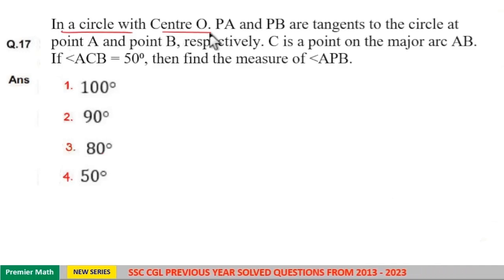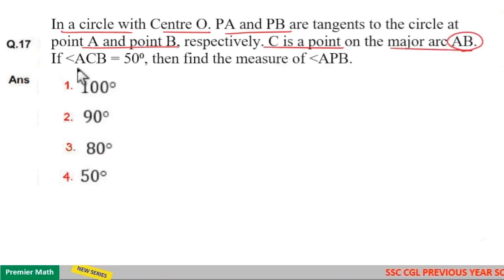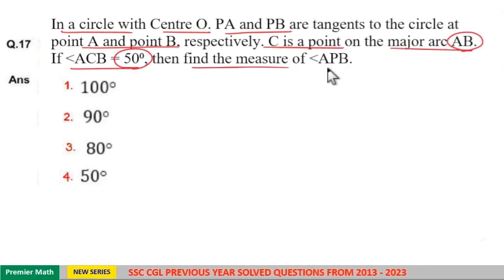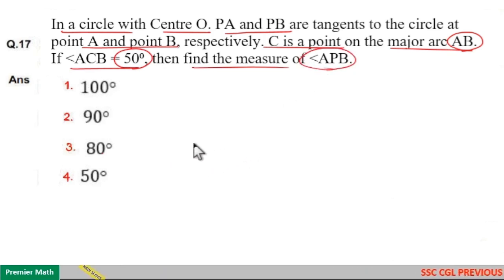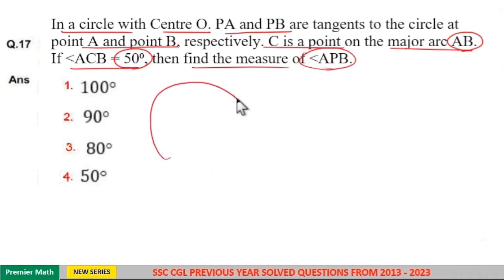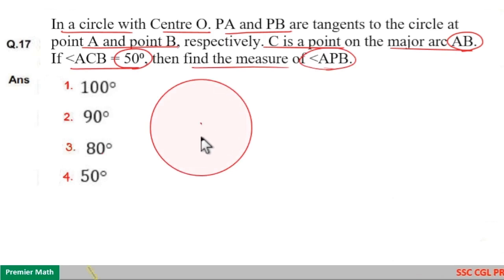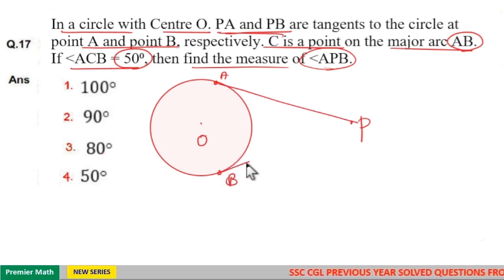In a circle with center O, PA and PB are tangents to the circle at points A and B respectively. C is a point on major arc AB. If angle ACB is 50 degrees, then find the measure of angle APB. Here, this is the circle with center O. P is a common point and A and B are two points on the circle, and PA and PB are tangents.